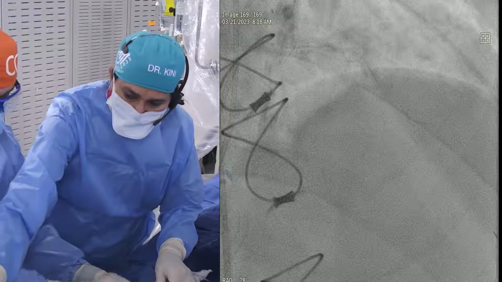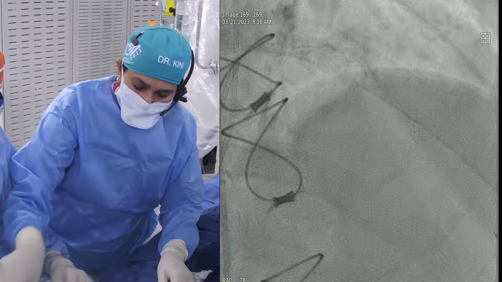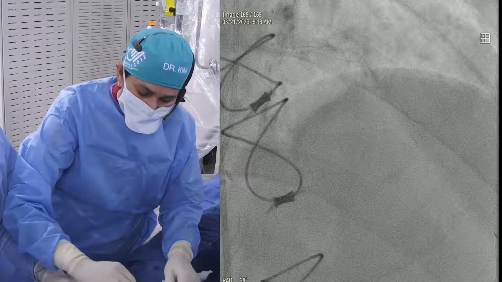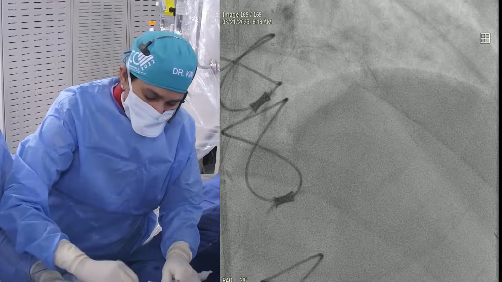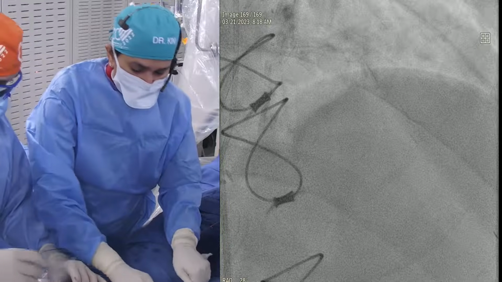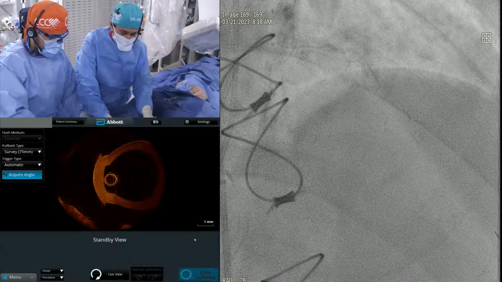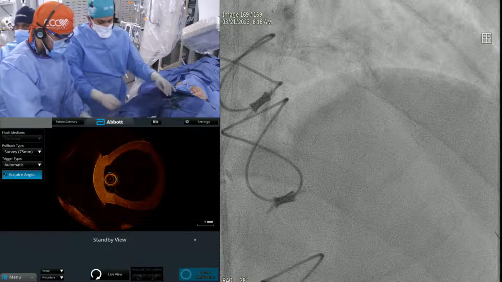But is there a definition of stent underexpansion on OCT? Just after the stent, like stent area 4.5, is the stent underexpanded? No, he's asking, do we have a definition? We don't have a definition. I mean, the stent area definition of 4.5 is the cutoff.